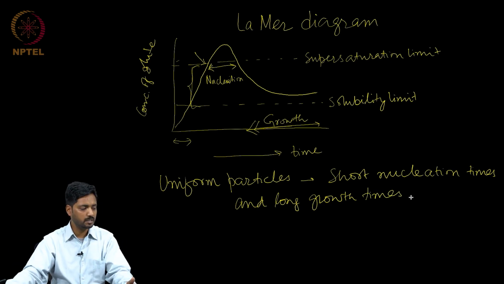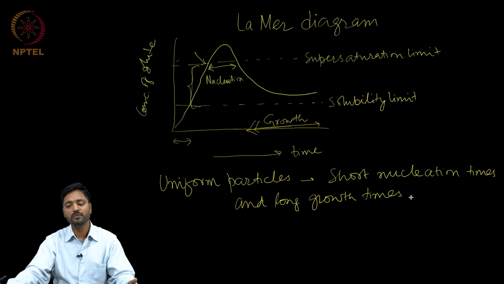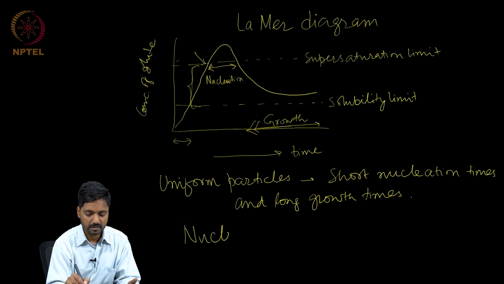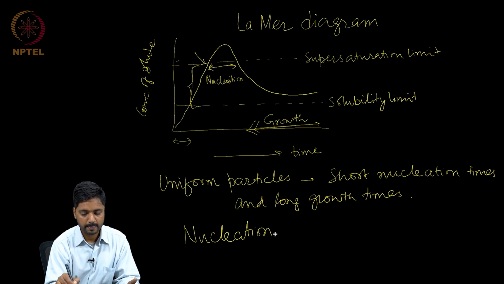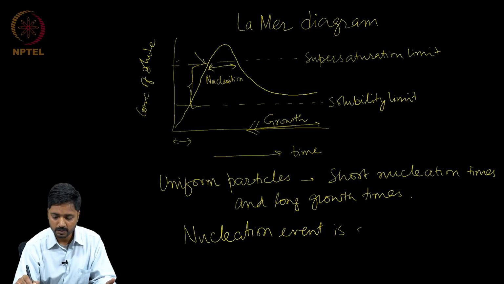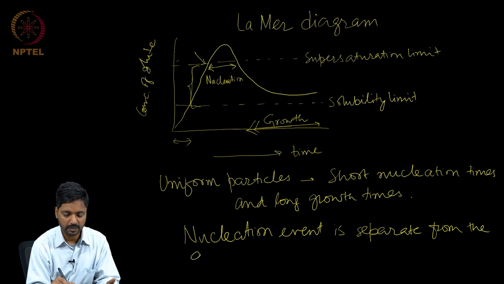We will consider how this is to be achieved. What we also need for achieving monodisperse particles is that the nucleation event is separate from the growth event.